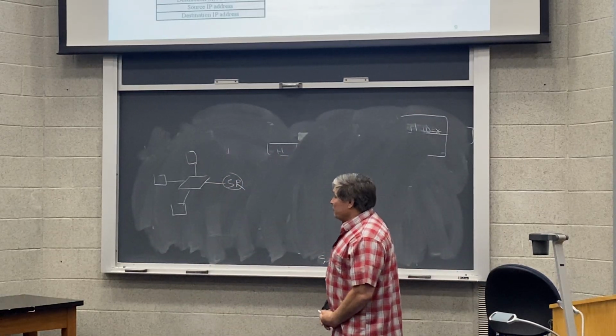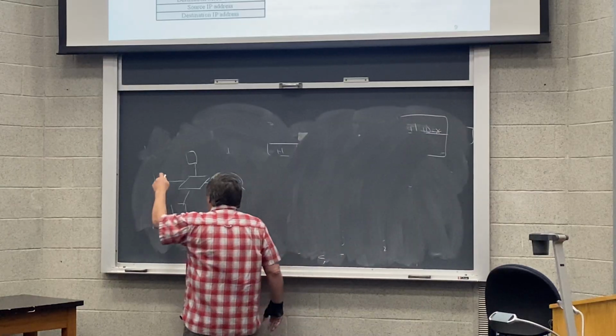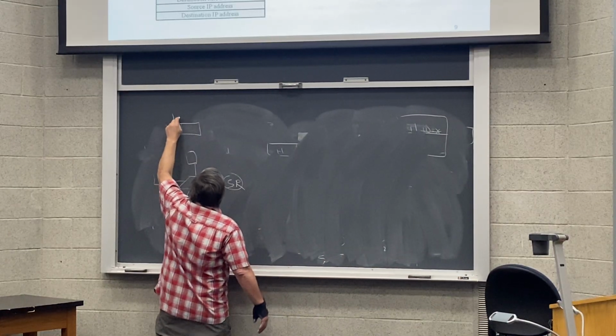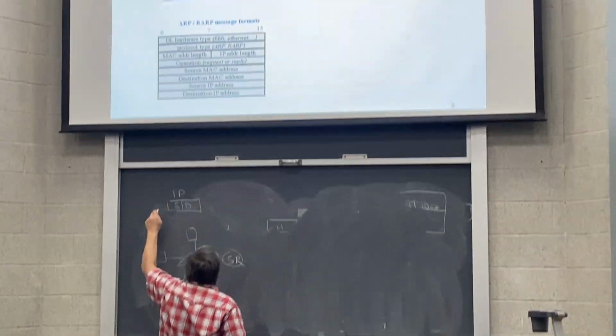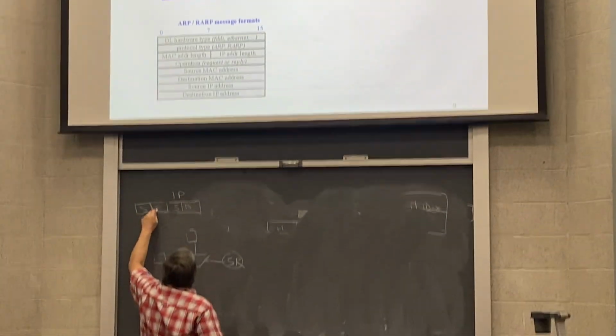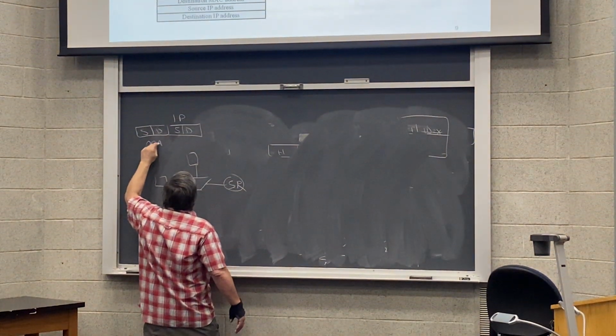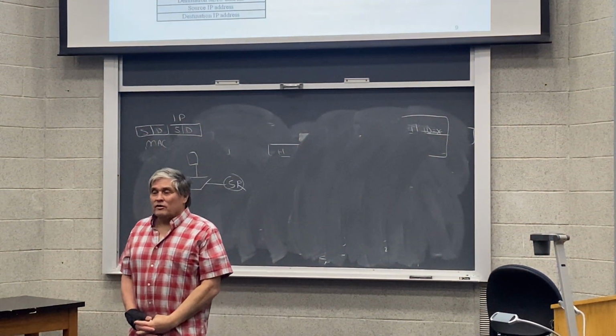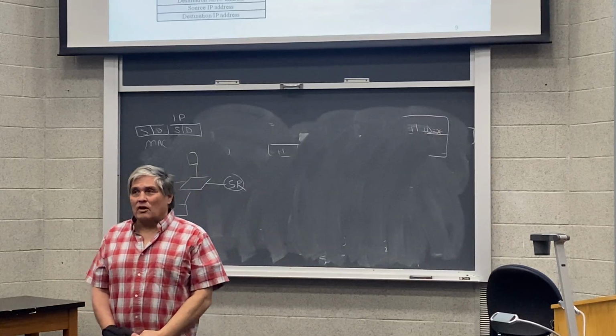If this device is sending an IP packet, with IP source and destination, realize that packet has to go into a data link layer with a MAC source and destination. And the assumption is you know the destination IP.